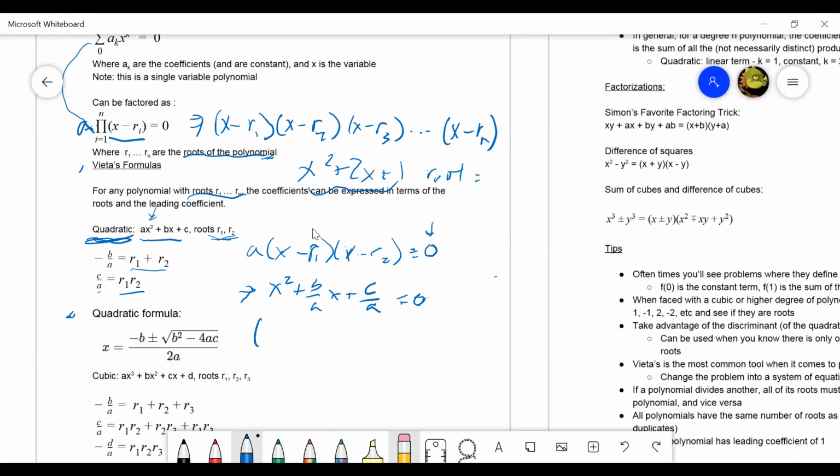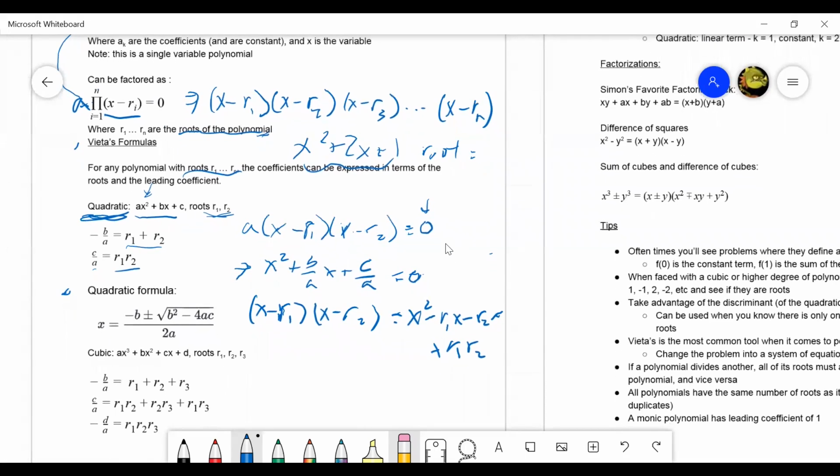If we FOIL out, which just means multiplying and expanding out these two binomials, this is equal to x squared minus r1 x minus r2 x plus r1 r2. These two quadratic equations have to be the same, which means that the coefficients must be equal.